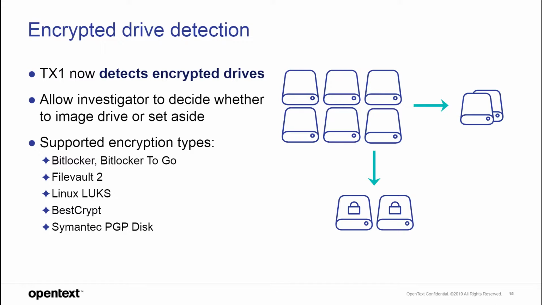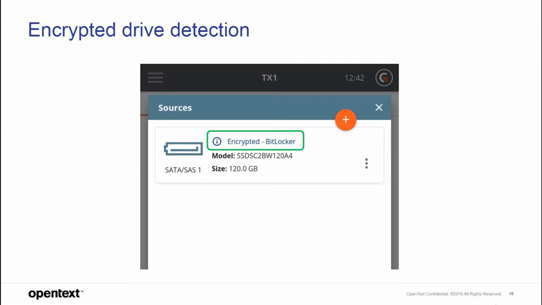Taking advantage of this new feature is easy, as it requires no additional user effort. We'll give you an encrypted drive informational message in the appropriate drive tile summary view, as seen in the sources and destination drive lists, accessed through the bottom of TX1's main screen, or when you're adding sources or destinations during TX1 job setup.